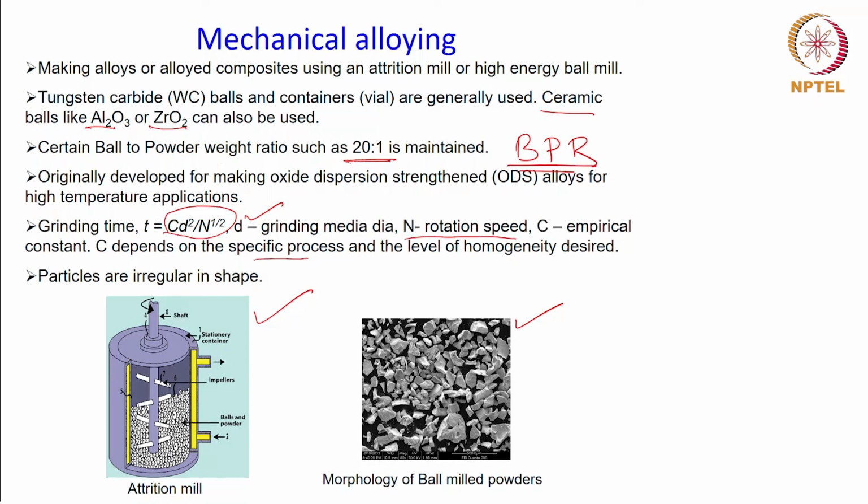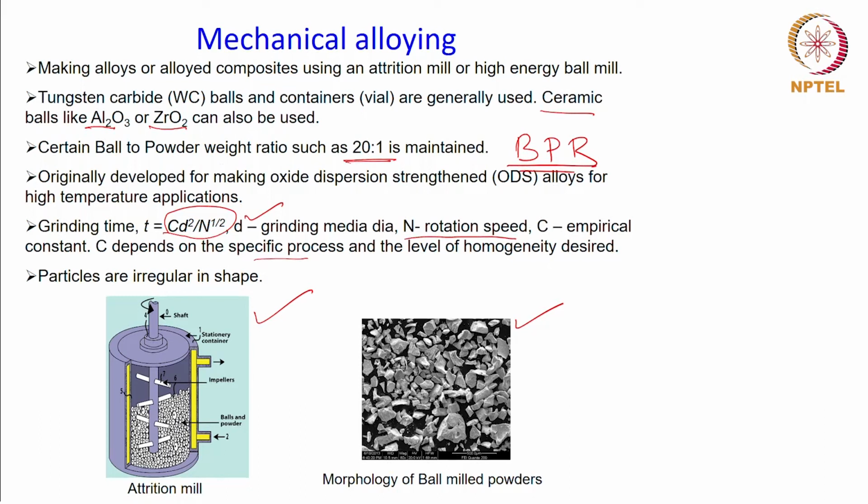Along with this material, you can also mix hard balls, so that these balls can also be used to impact the material and break it down. These impellers help by providing the agitation and the mechanical movement, so the balls can collide against the material and break it down into powder.